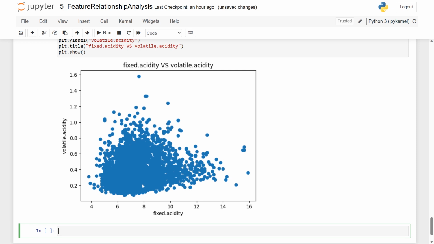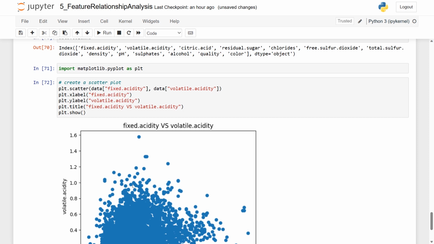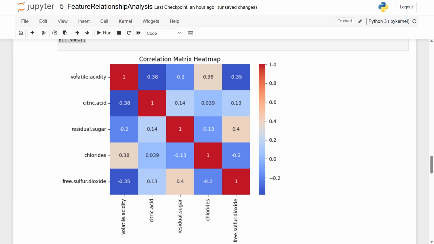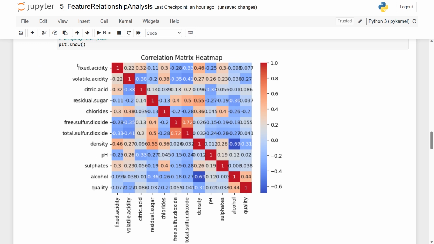And okay, this is the relation that we found. Obviously we cannot make out much. It seems like a cluster. To some extent we can see there is a positive movement, not completely. Between fixed acidity and volatile acidity the correlation is 0.22.